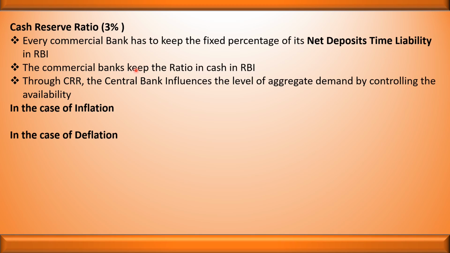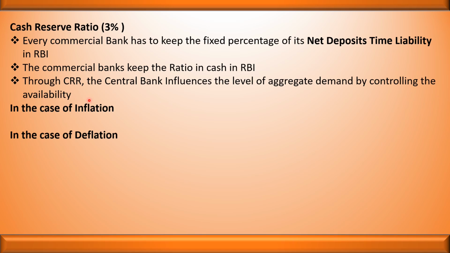So every commercial bank has to keep cash in RBI to maintain the cash reserve ratio on the basis of net demand and time liability. Through the cash reserve ratio, the central bank controls the supply of money and checks the problems of inflation and deflation.